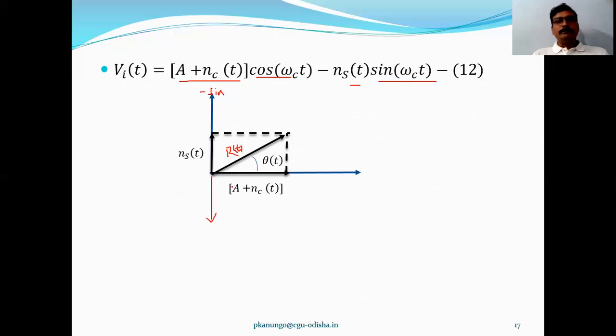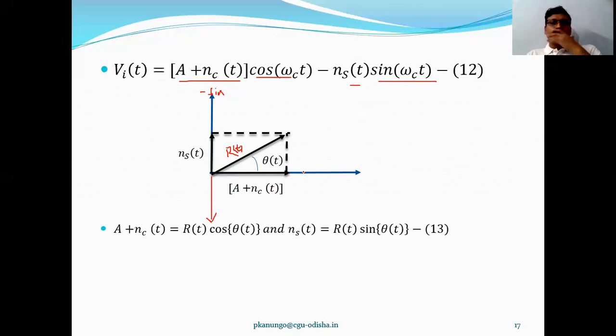And this A plus NCT I can write as RT into cos theta t, and this NST can be written as RT into sin theta t, because the projection of RT on the x-axis is RT into cos theta t, and the projection of RT, the resultant vector, on the y-axis gives NST, that is RT into sin theta t.